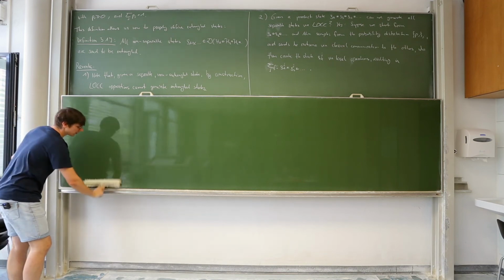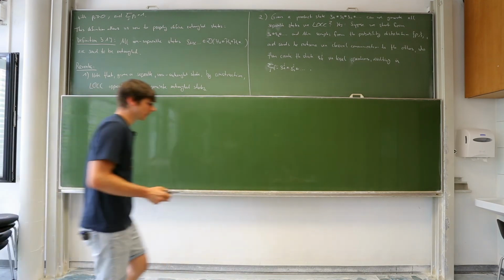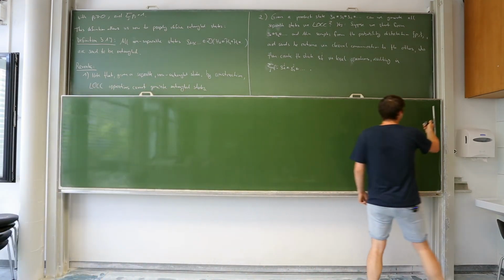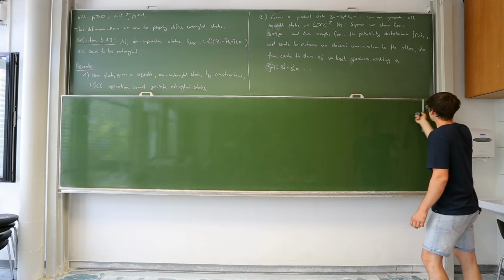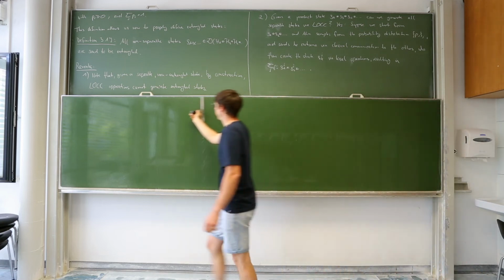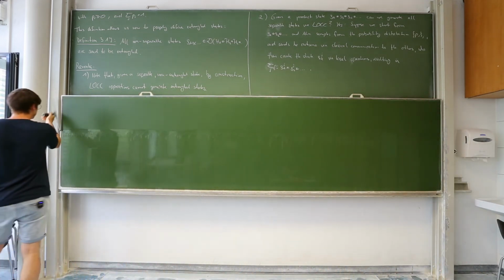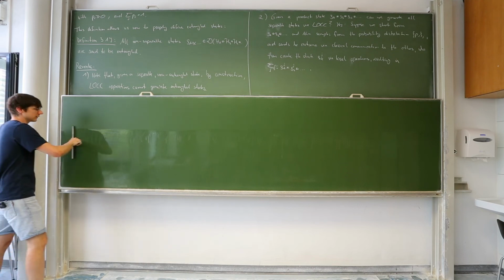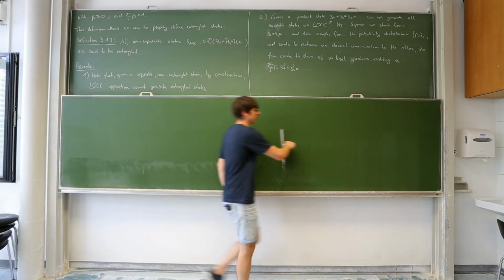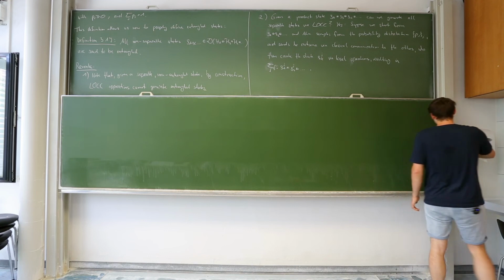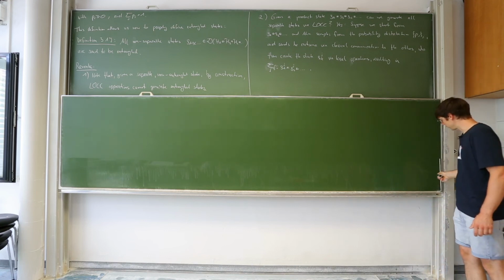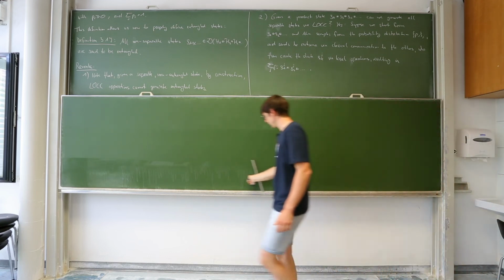However, there's a trick that one can do, namely, instead of considering those LOCC operations, one can consider the so-called separable operations. It's a proper superset, meaning that all those LOCC operations are contained in the set of separable operations. But since I said it's a proper superset, it means that the set of separable operations also contains more, right?